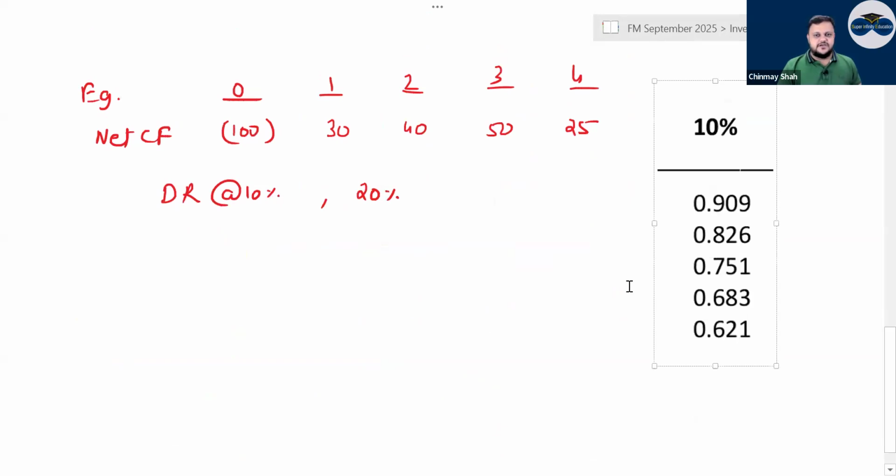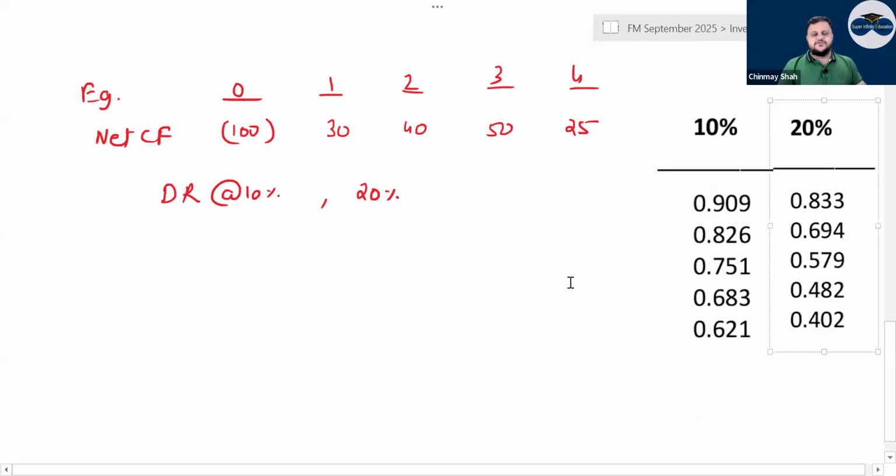Till then you continue with 10. 20. $10 and $20 both on the screen.